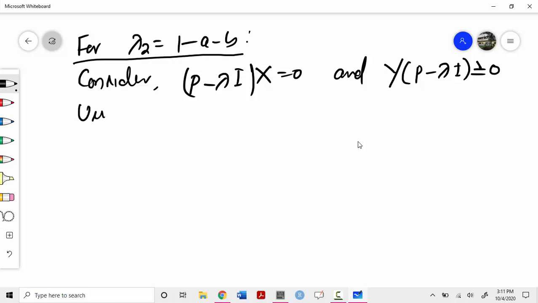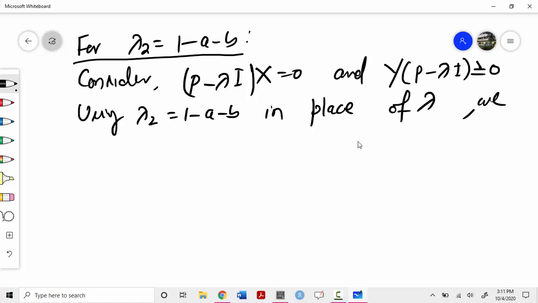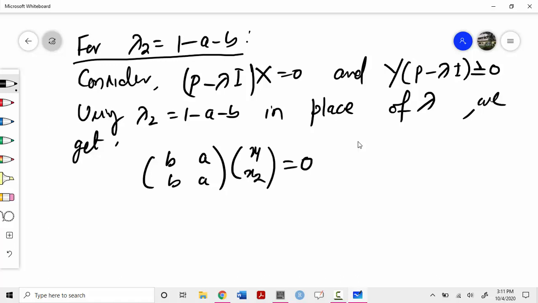Now using lambda 2 equal to 1 minus a minus b in place of lambda, we get the matrix with entries b, a, b, a, times x1 x2 equal to 0, and y1 y2 times the matrix with entries b, a, b, a, equal to 0.